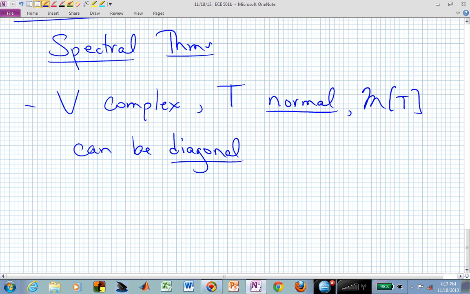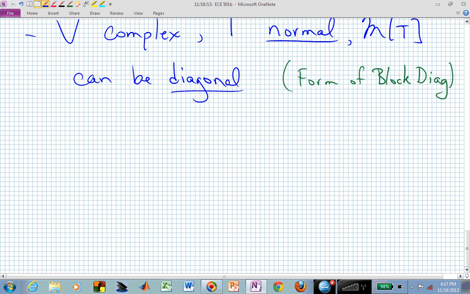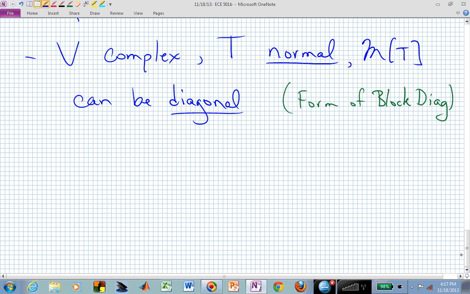And actually, if it's diagonal, it's a form of a block diagonal, isn't it? That's the first special case. That's the first result: when we have a complex inner product space and our operator T is normal, then the matrix representation is diagonal. So we could think of that as being a diagonal matrix.